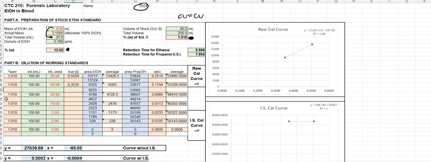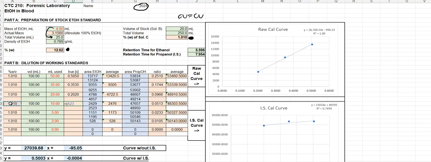I hit enter, and there is another concentration that we analyzed. I do this all over. I take my concentration, and we took 20 mLs that time of it, and then we took it to a total volume of 100.